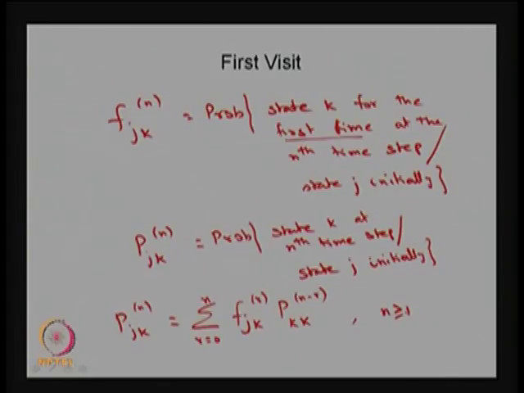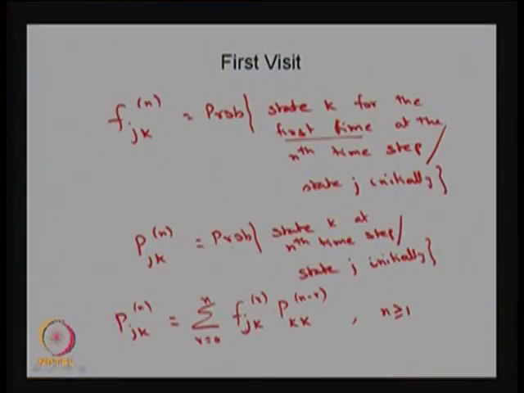This means, if the system is moving from the state j to k in n steps, not necessarily the first time, that can be written as the union of mutually exclusive events for different r, in which the system moves from the state j to k in r steps for the first time, and in the remaining n minus r steps, the system moves from the state k to k, not necessarily the first time.